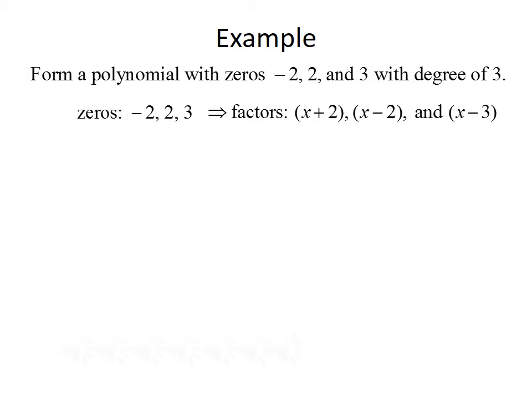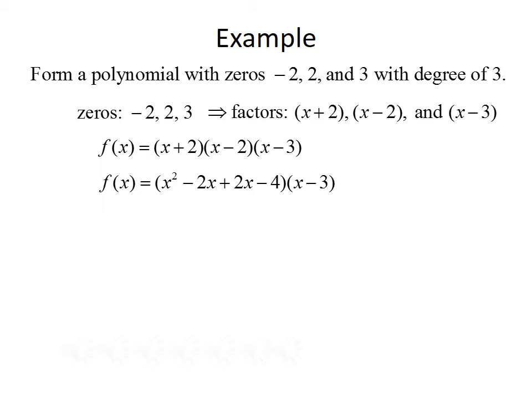So to form the polynomial we're looking for, we'll just multiply these three factors together. So our polynomial f of x will equal x plus 2 times x minus 2 times x minus 3. We're going to break this up. We'll multiply the first two terms together using the FOIL method. So if we multiply x plus 2 times x minus 2, that'll give us x squared minus 2x plus 2x minus 4 times x minus 3.